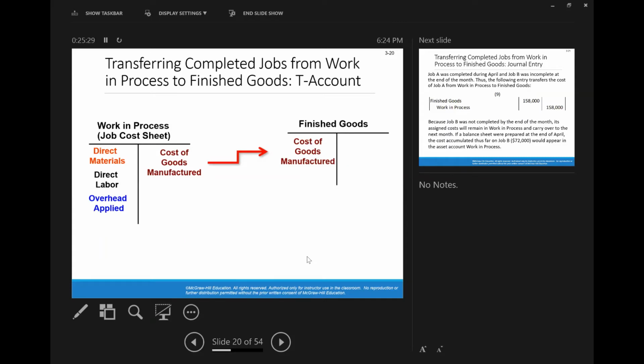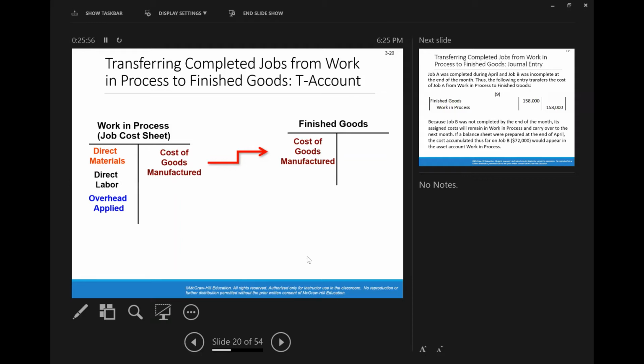So now we have work in process that we've been working on for that period. And now we have part of it that's completed. Maybe one of the jobs is complete and we've got to scoot it out of work in process. So we have to do all the calculations of the material and the labor and the manufacturing costs to capture everything. So once we know, okay, this is everything that we've put onto this job and this job's complete, now we can move it out of work in process as a whole.